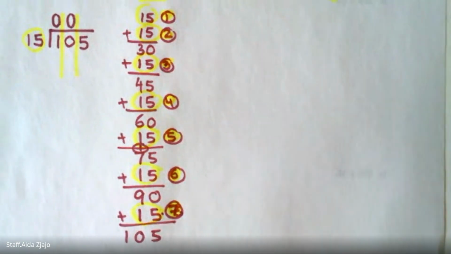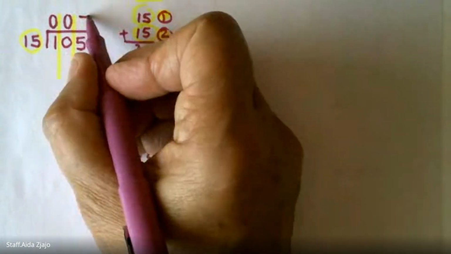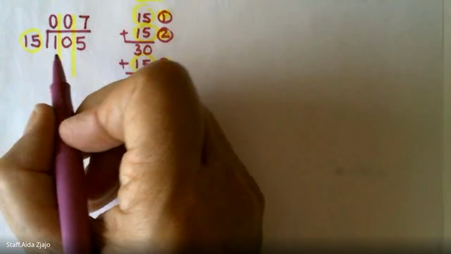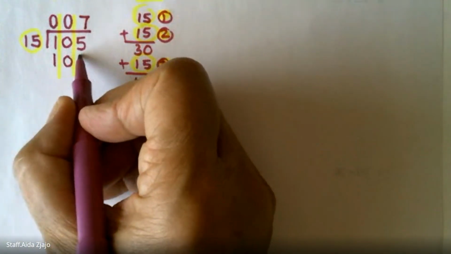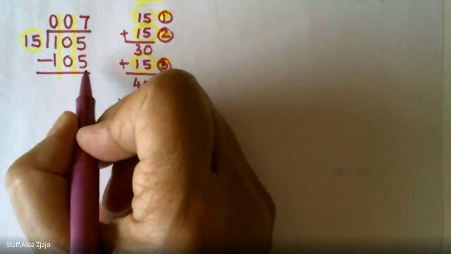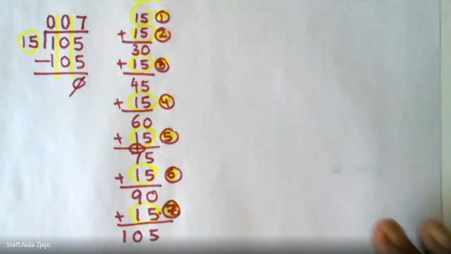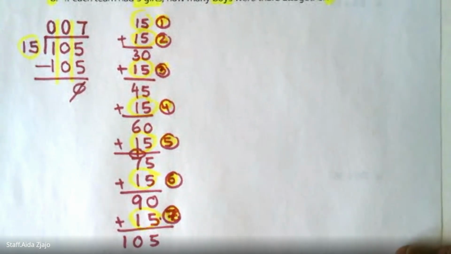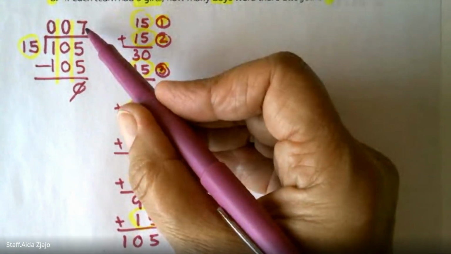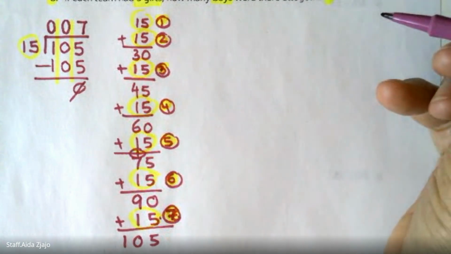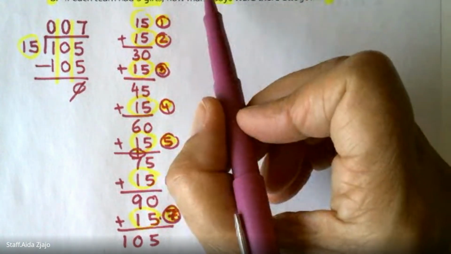So 7 groups of 15 students are in 105. So we have nothing left to share. We share all the students and we created 7 groups. Now, how many players were on each team?